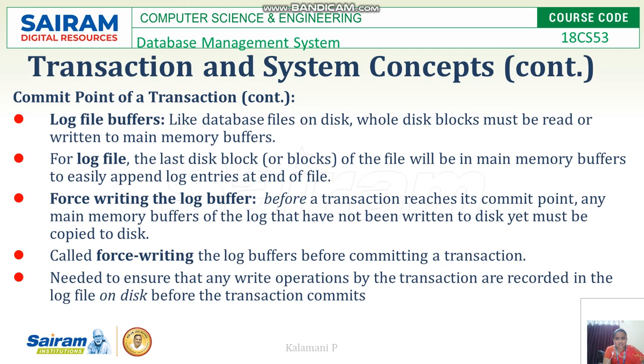That means first all changes are stored in the log buffer, then they are written into the main database once the operation is completely performed. This is called force writing the log buffers before committing the transaction. So that's all about transaction concepts.